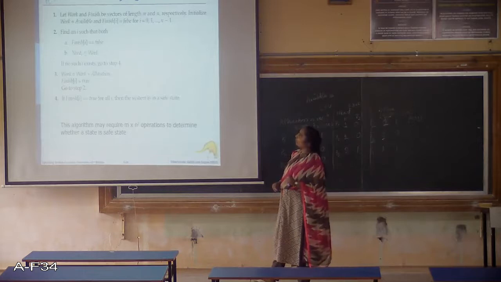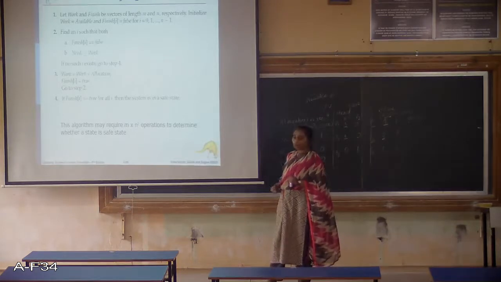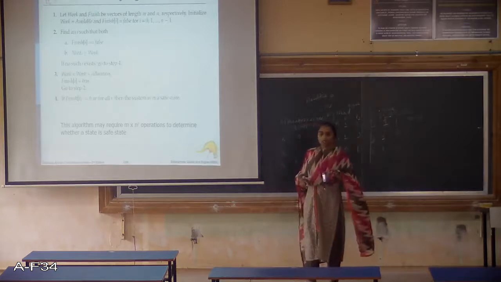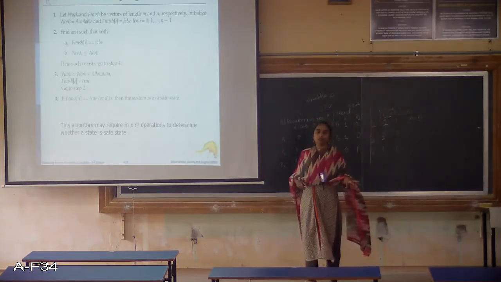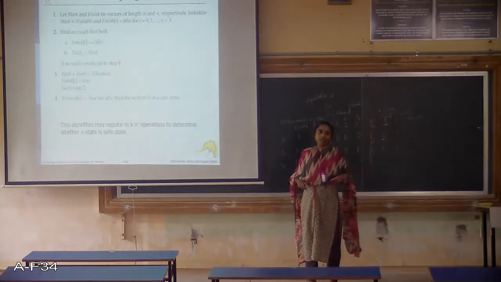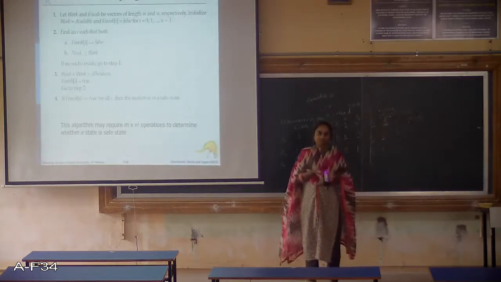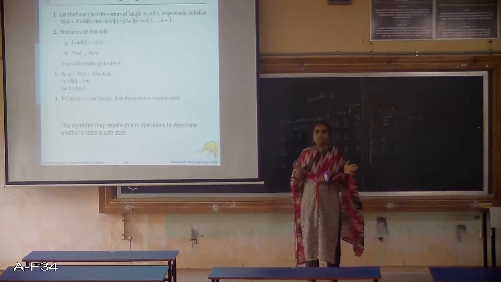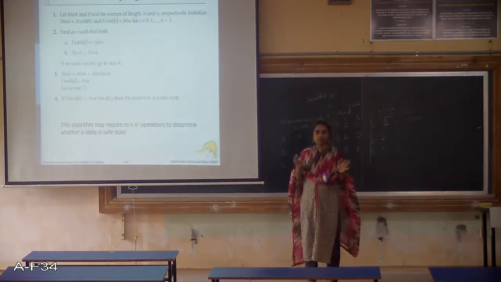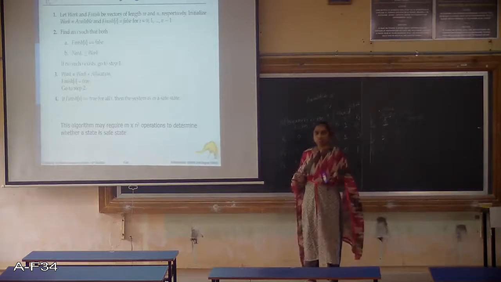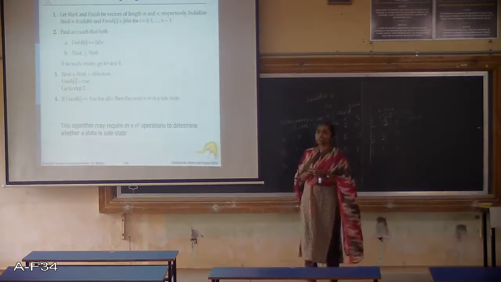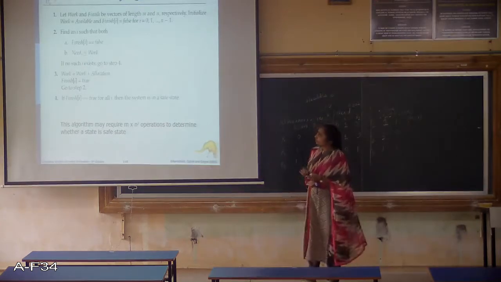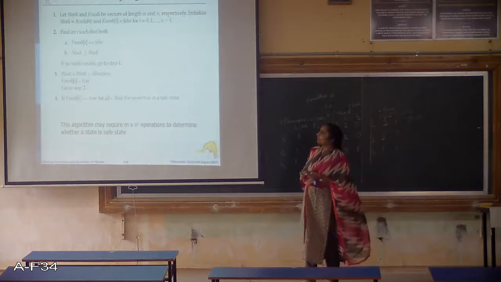Initialize work equals available and finish of i equals false for i equals 0 to n minus 1. What is this? Work indicates how many resources we have at hand at any point of time in the entire life cycle for all these processes to finish their execution. And finish indicates which process has finished the execution.